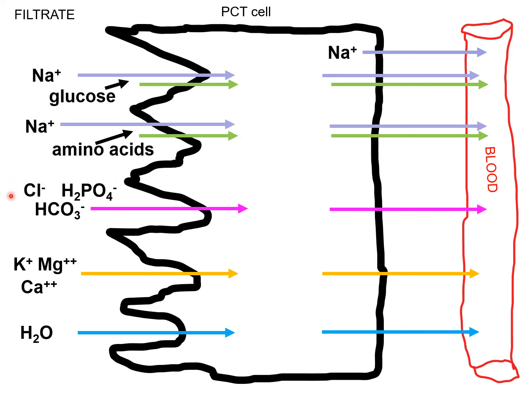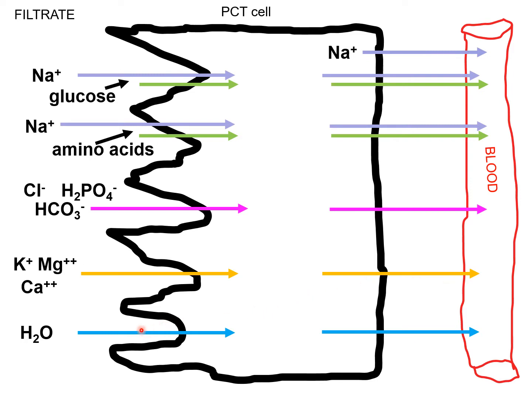This movement of the negatively charged ions creates a secondary electrostatic event, and other positively charged ions such as potassium, magnesium, calcium will be dragged along with the positively charged ions, and so either by diffusion, sometimes active transport, these ions will be moving into the cell and eventually into the interstitial fluid and into the blood.